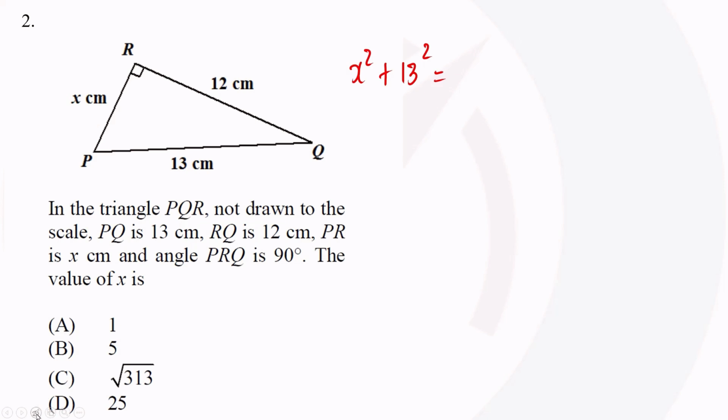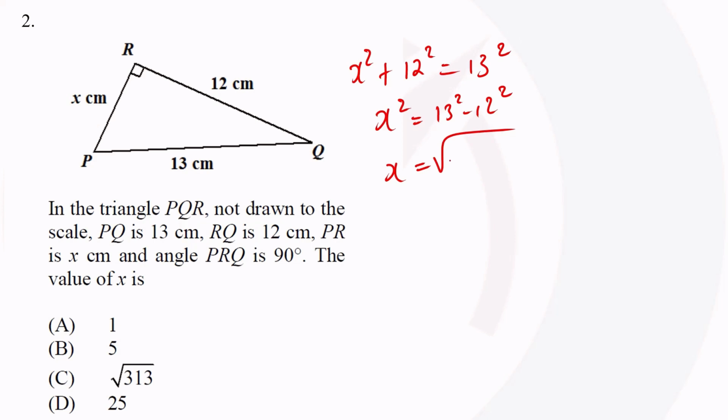The hypotenuse is 13. So we're going to have x squared plus 12 squared is equal to 13 squared. Hence x squared is equal to 13 squared minus 12 squared, so x is equal to the square root of 13 squared minus 12 squared.